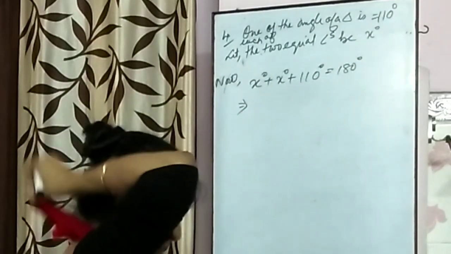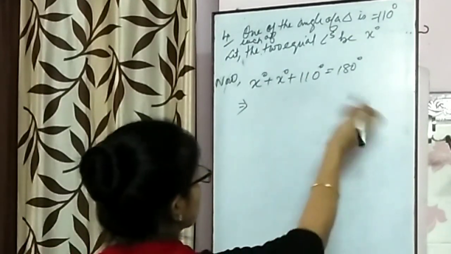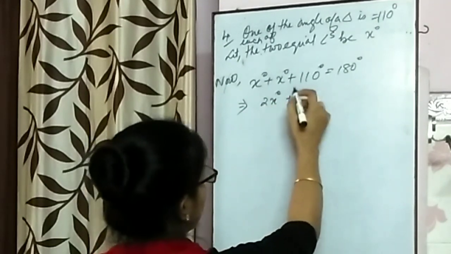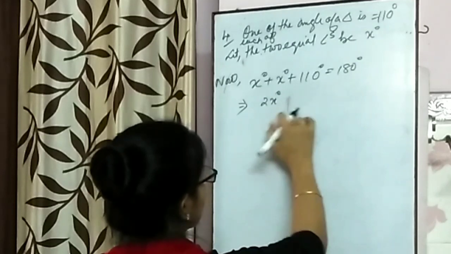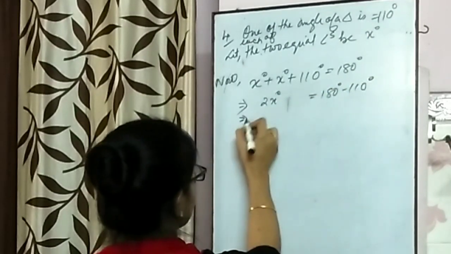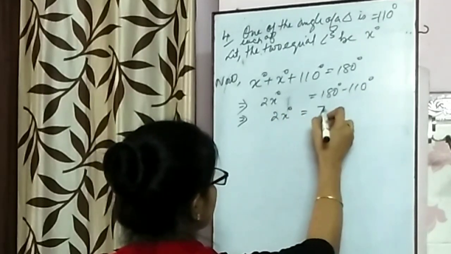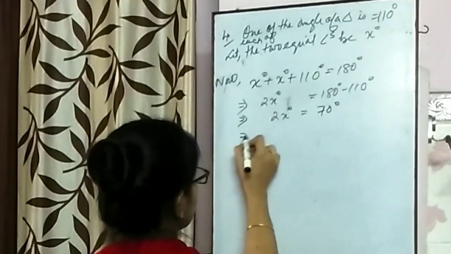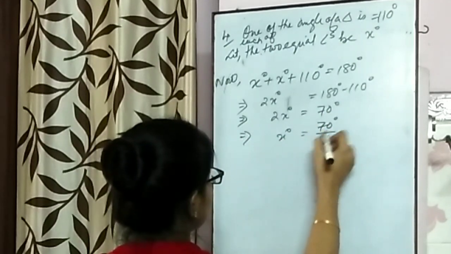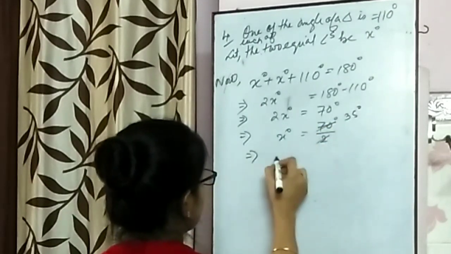Sometimes you can keep the degrees along with the numbers, or it can be calculated without degrees also. Here it comes 2x degrees, and this 110 you shift to the right hand side, 180 minus 110, 70. 35 degrees.